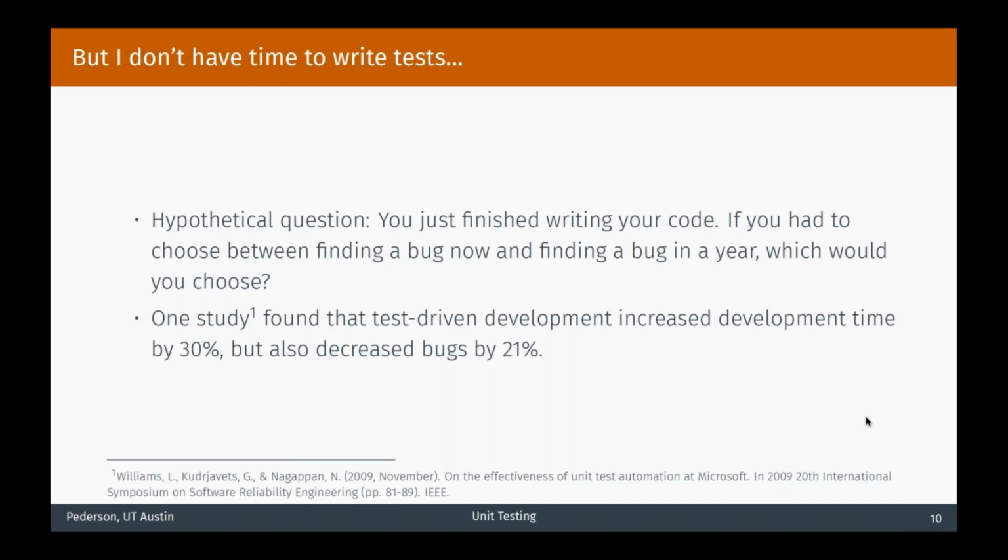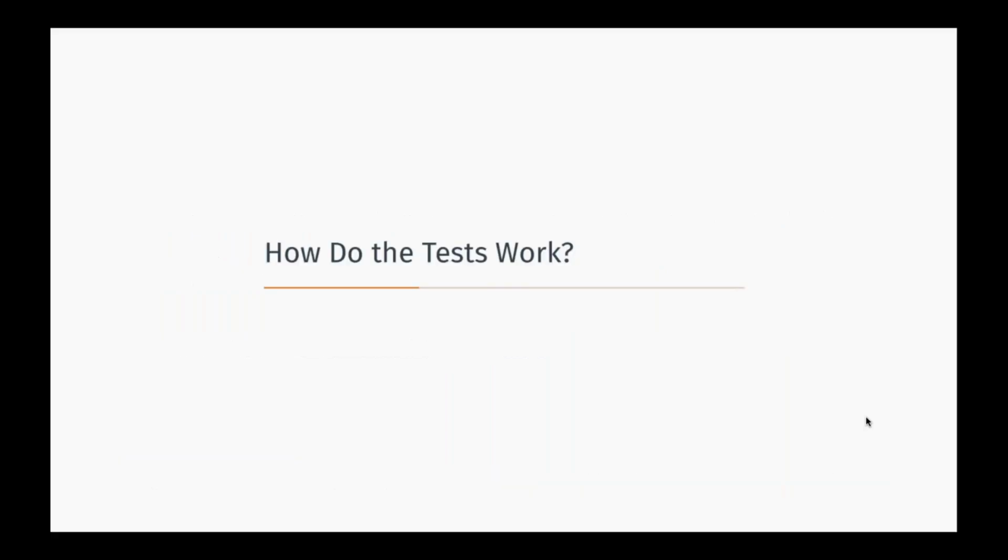Obviously, if you can fix a bug in your code now, it's going to be so much easier than going back into the code a year later, trying to relearn what you did, and then having to fix it. One study done at Microsoft found that test-driven development, writing unit tests as part of the development cycle, did increase the development time by 30%, but it also decreased bugs by 21%. So that's the trade-off you have here. You spend a little more time in development, you have fewer bugs.